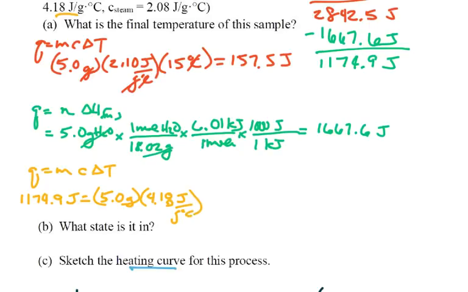And this is going to be times delta T. So I want to find out what my change in temperature is, but I'm starting from 0. So whatever my change in temperature will be my actual temperature.